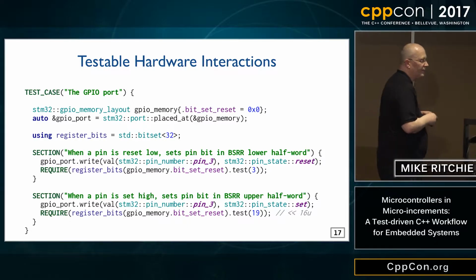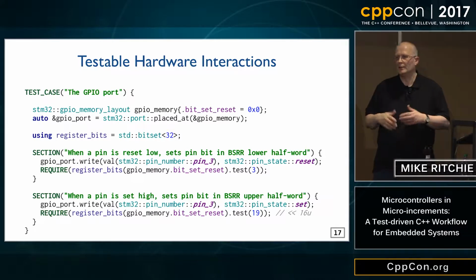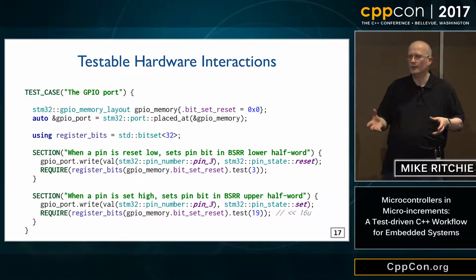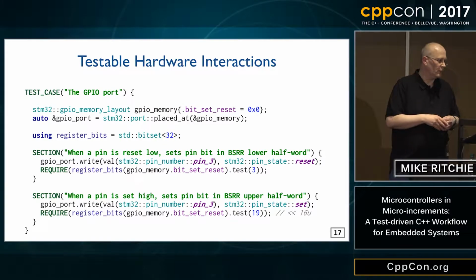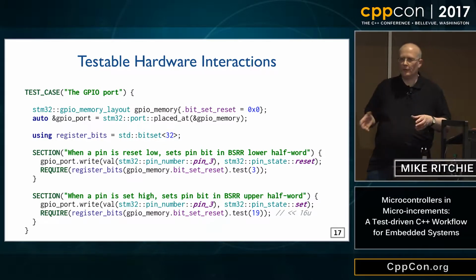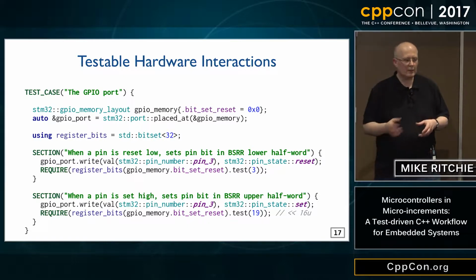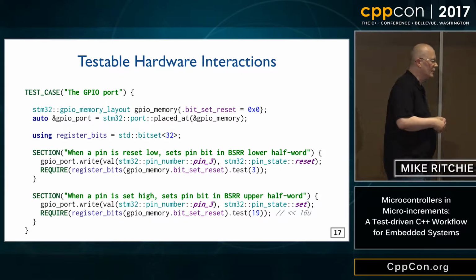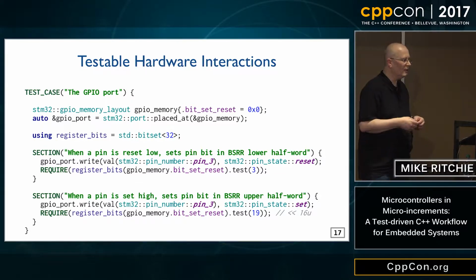So testing direct interactions of hardware. If you are implementing your own hardware abstraction types like GPIO ports, analog to digital converters, whatever, that's actually refreshingly simple. These kind of state-based unit tests are really fun to write. You do a thing, and then you verify the effects of the thing that you've done.